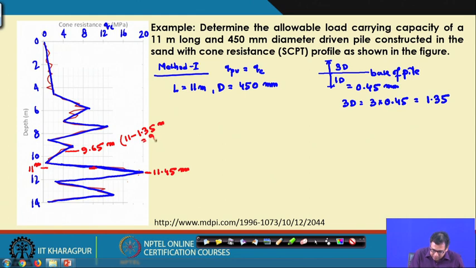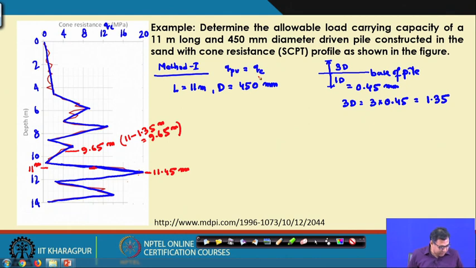So, that is actually 9.65 meter, because that is the 3D. So, this 9.65 meter to 11.45 meter zone, this zone's QC average will be the QPU.